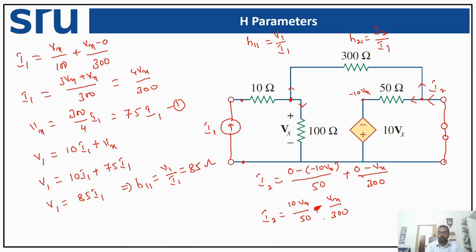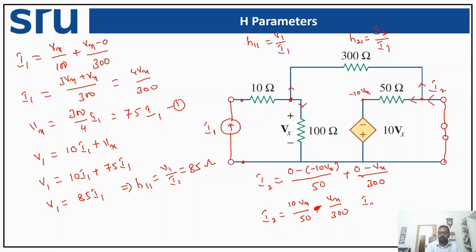Okay, but what is the thing we require? We require the relationship between I2 and I1. So if you see here, on the left hand side we have I2 and on the right hand side we have Vx, but we know that Vx is equal to 75 I1. Okay, now let us substitute over this equation.